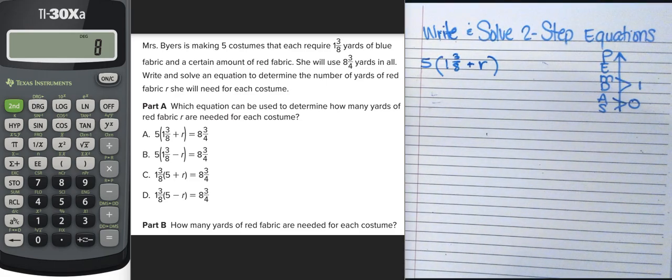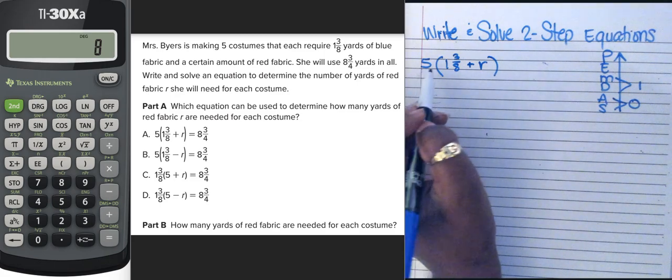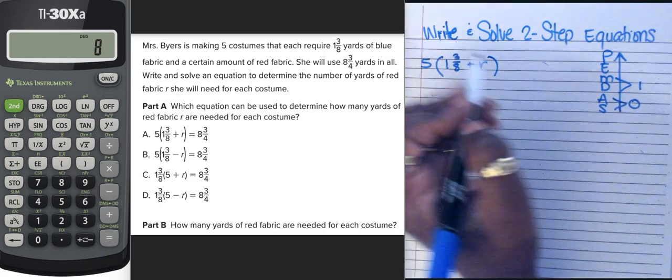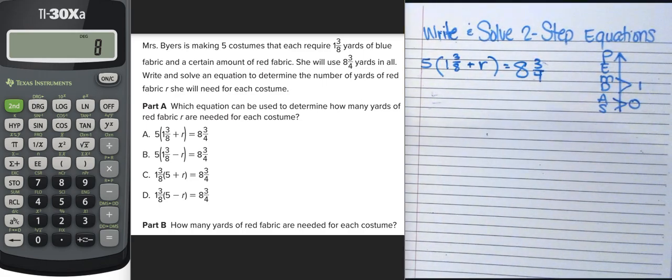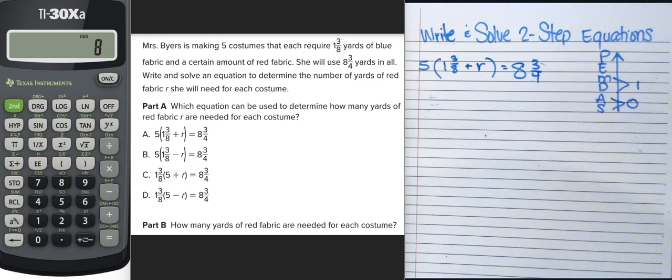And then what we're going to do with that is we're multiplying this by 5 so that we can have the 5 costumes. When we do that, we should have a total of 8 3/4 yards that are going to be used for all the costumes. All right, so that's what we're looking for in our answer choices.